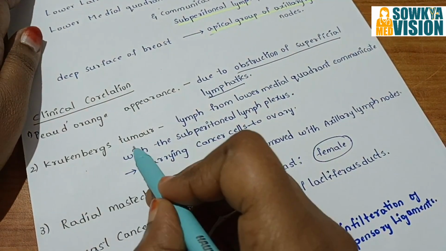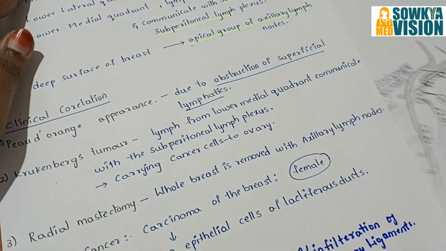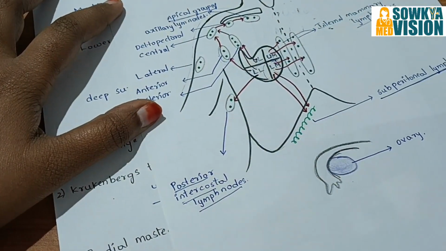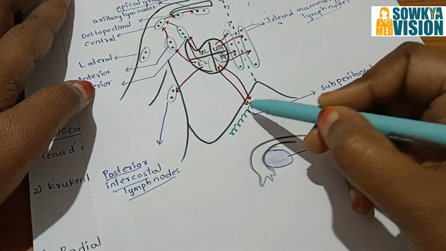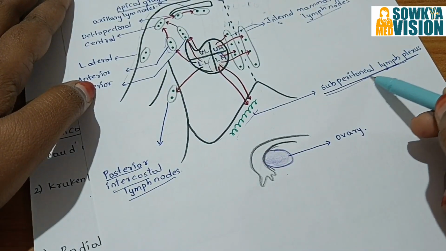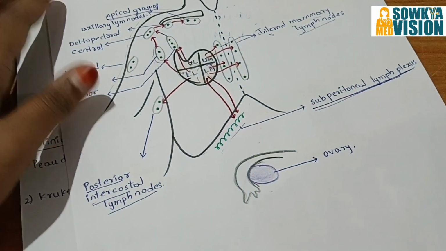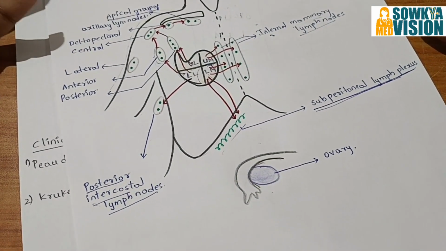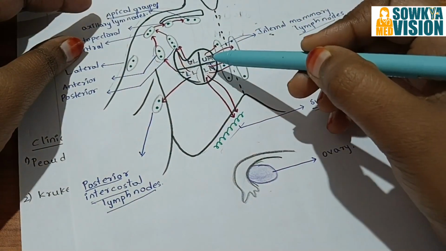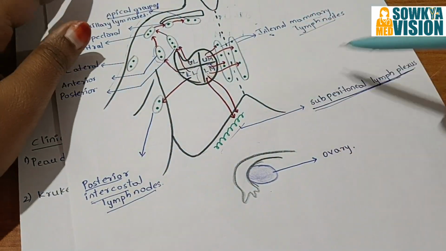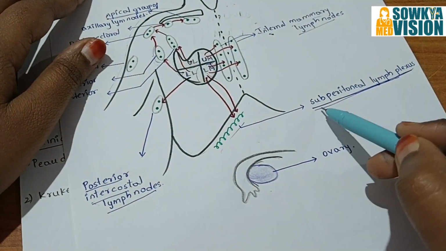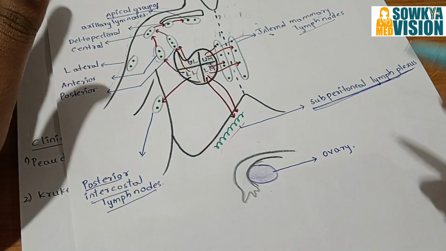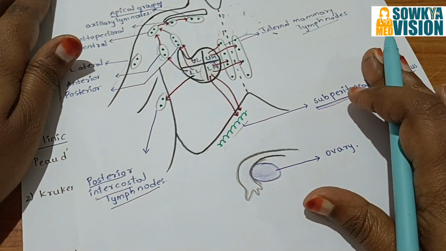Next, Krukenberg tumor. As I said, the lower medial quadrant of the breast is drained into subperitoneal lymph nodes. So any cancerous condition in the breast easily passes through the subperitoneal lymph plexus and reaches the ovary.